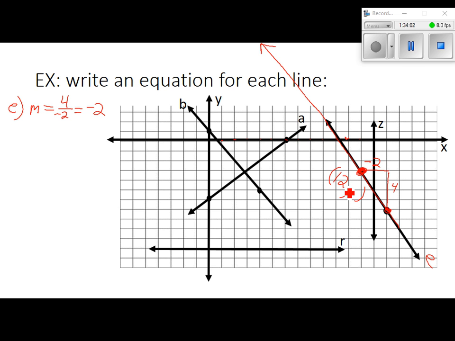So we go to the right 12. And then we go down 1, 2, 3. So it's that point, 12, negative 3. Point slope form looks like this.